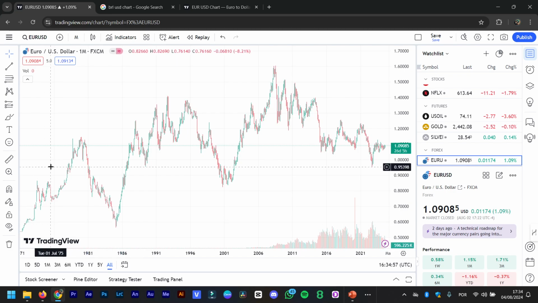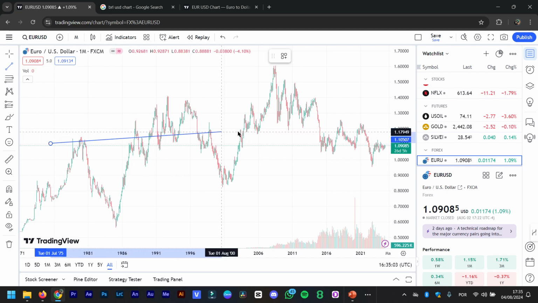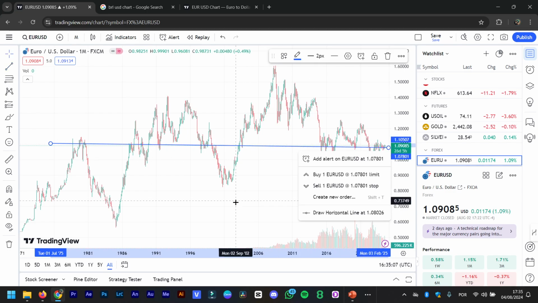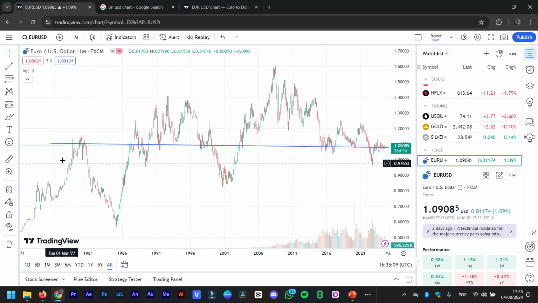Since 1976 all the way up to now, 2024, as you can see, for EUR/USD there's an average price. Because the market is never just going to go infinitely up, nor infinitely down.